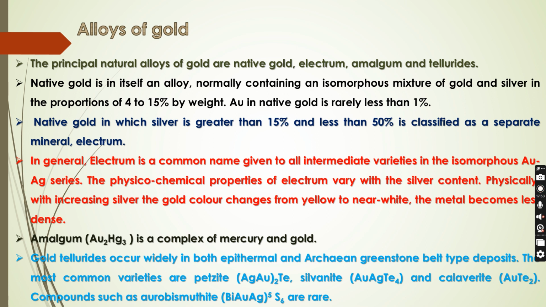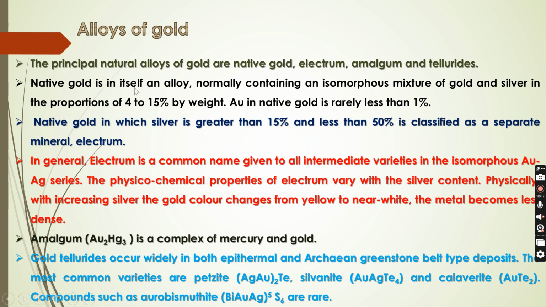So the principal natural alloys of gold are native gold, electrum, amalgam, and tellurides. Native gold means pure gold, but why are we calling that an alloy? I will tell that.